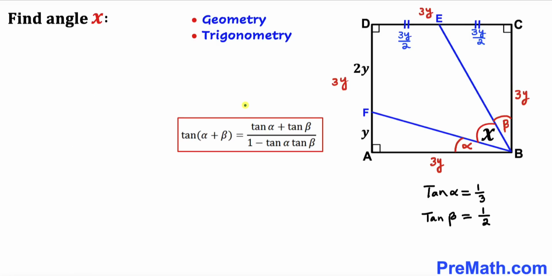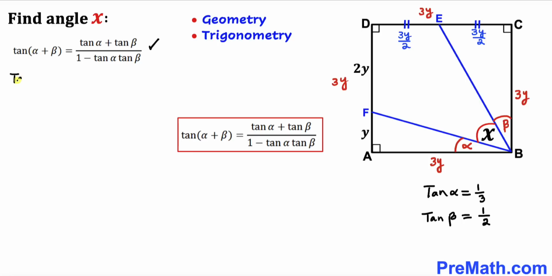And now let's recall this famous trigonometric identity. Tangent of alpha plus beta can be written as tangent of alpha plus tangent of beta, divided by 1 minus tangent of alpha times tangent of beta. In our case, tangent of alpha is 1 divided by 3 and tangent of beta is 1 divided by 2. This way we can figure out our alpha plus beta angle. So let's fill in the blanks in this formula.